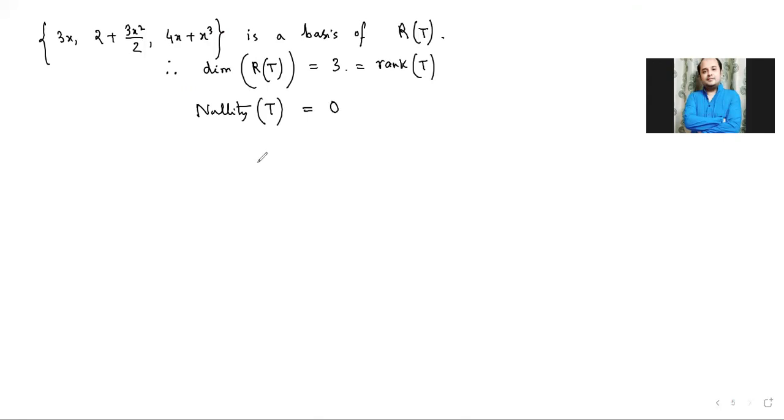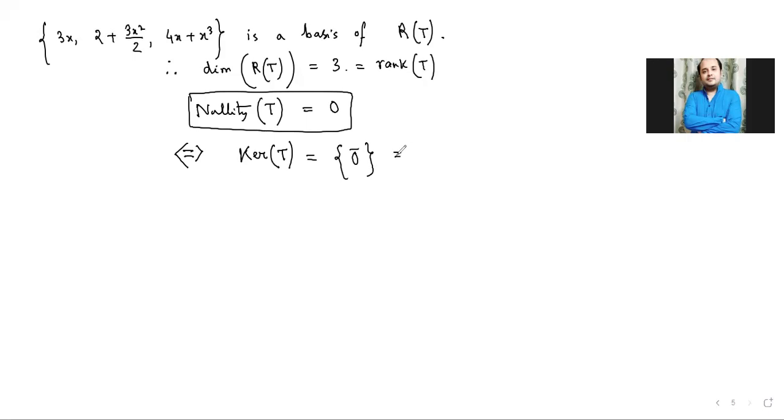And there is a theorem in the book, in the chapter on linear transformation. It says that if the nullity of the transformation is 0, the kernel of T contains only one element, and that is the 0 vector.